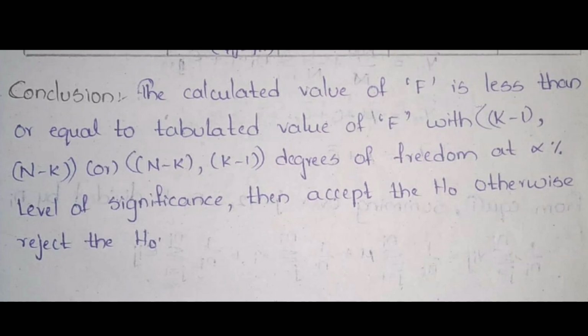After getting F, write the conclusion. If the calculated value of F is less than or equal to the tabulated value of F with k minus 1 comma N minus k degrees of freedom at alpha percent level of significance, then accept H0, otherwise reject H0.